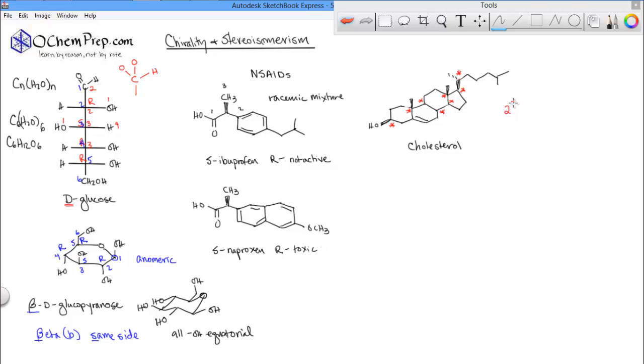So 2 to the 8th is the maximum number of stereoisomers. But there's only one cholesterol, and this molecule is synthesized in your body, and it always looks like this. So there might be a lot of stereoisomers, but there's only one naturally occurring.